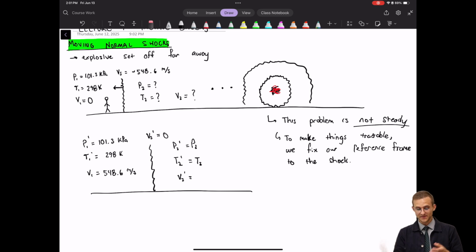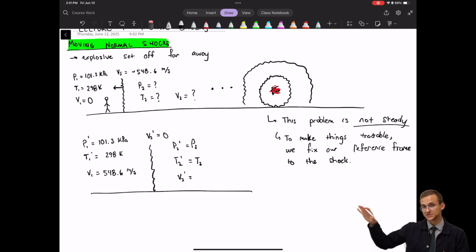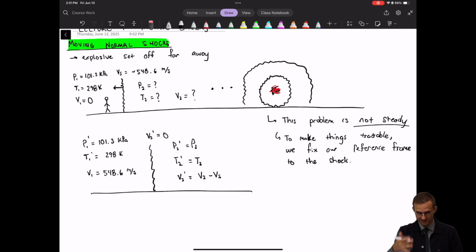So if we're moving in the negative x direction at 548.6 meters per second, and the gas was stationary, then it would suddenly be moving in the positive direction at that velocity. But if it already was moving in the positive direction, then it's going to appear to be moving faster, right? So what you have here is just V2 minus Vs, where Vs, remember, is a negative number here.